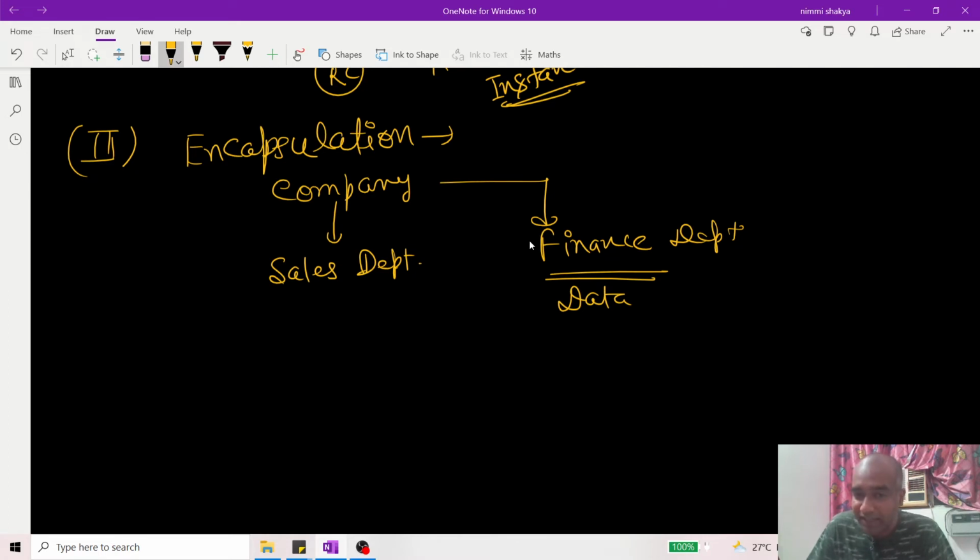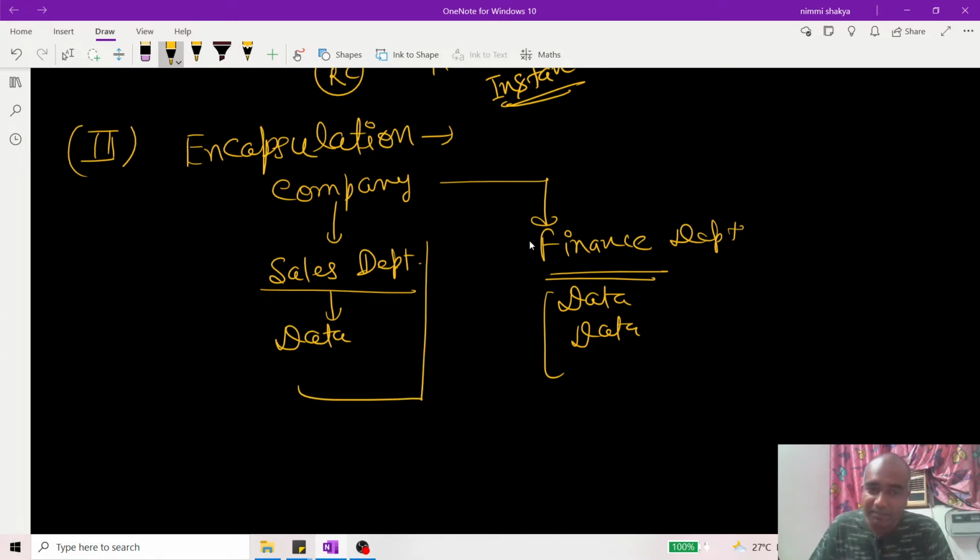The data related to the finance department is with the finance department only. And there is a sales department. The sales department also has data, because it deals with all the sales done by the company. All that sales data is with the sales department.